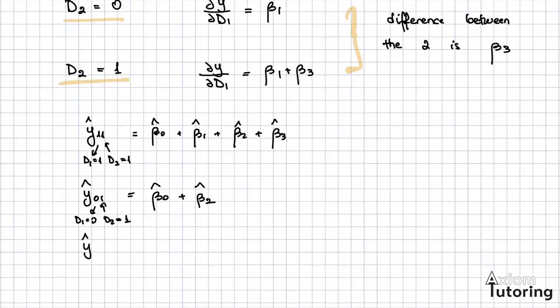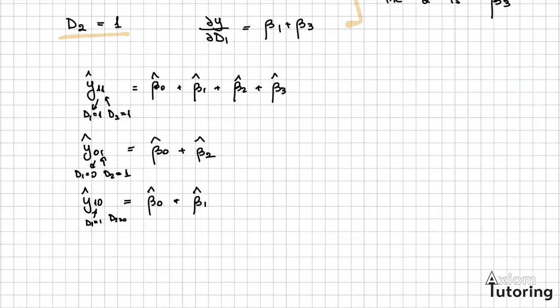And ultimately, y hat 1,0 means d1 is 1 and d2 is 0. This is just beta 0 hat plus beta 1 hat. And the final subgroup, 0,0, meaning both d1 and d2 are equal to 0, is simply beta 0.